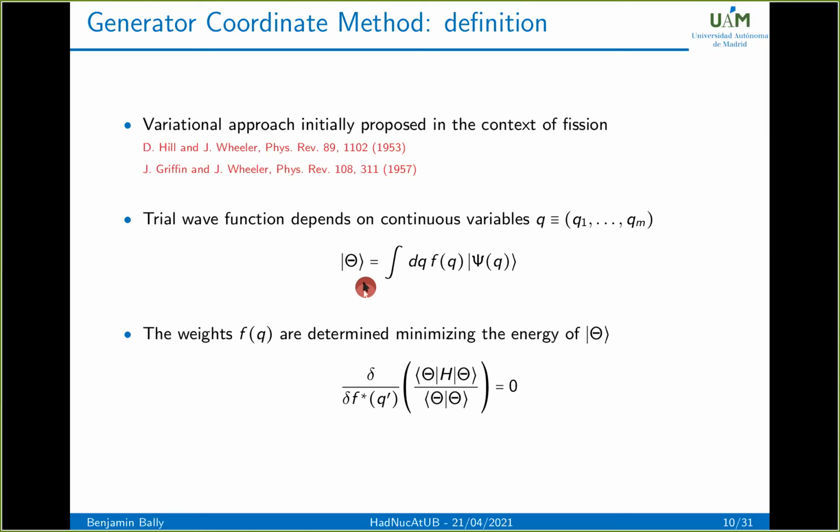And then what you can do is minimize the expectation value of the Hamiltonian for this trial wave function. This gives the Hill-Wheeler-Griffin equations, and through that you determine the optimal weights f for your states, where the psi here, I will explain what they are in a few minutes, are kept fixed.